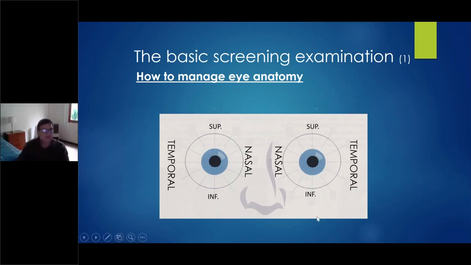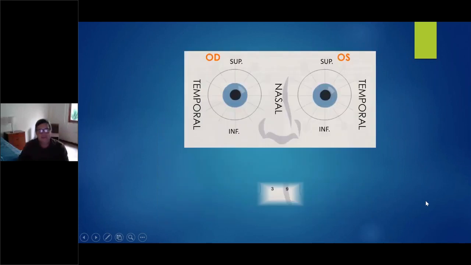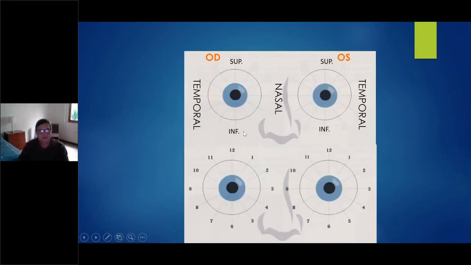Then you must be sure what you're doing, and then you can talk not only in superior, inferior, nasal. When you describe the lesion, when you describe the pathology, use the time, hours. The lesion is at 12, at 1, at 2, etc. And we would also say it's anterior, posterior, or intermediate.